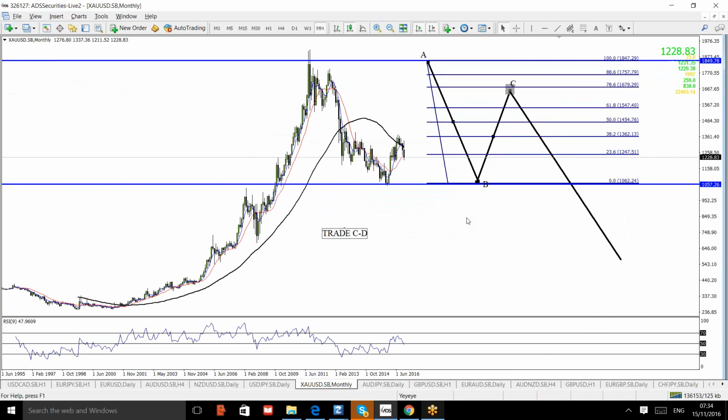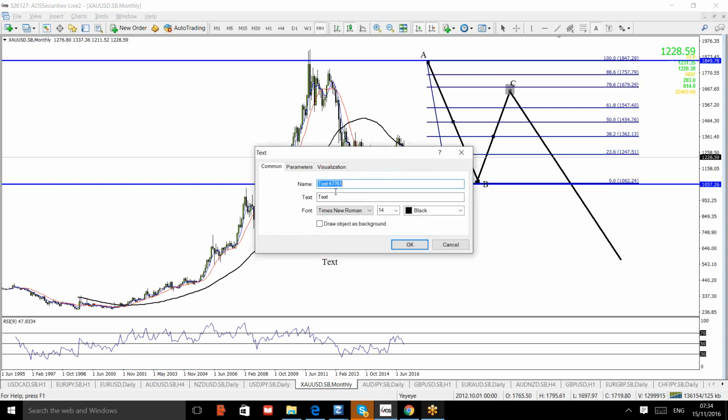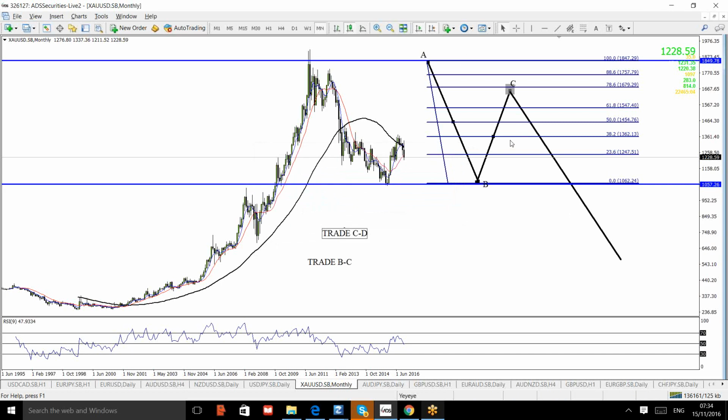Okay, great. Now, if you're taking a trade BC in a bearish market, guys, you will treat these levels as support, guys.